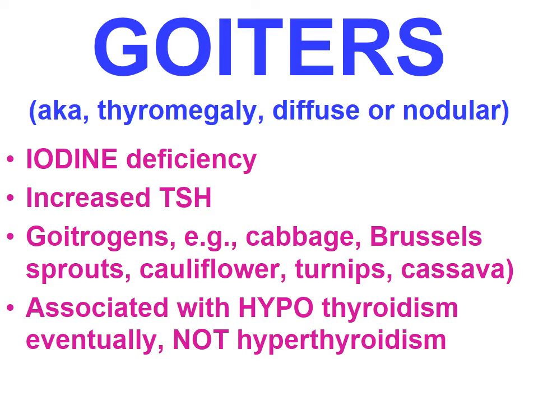There are also goitrogen substances that lead to formation of goiter, like cabbage, sprouts, cauliflower, turnips, and cassava, and goiters are eventually associated with hypothyroidism.